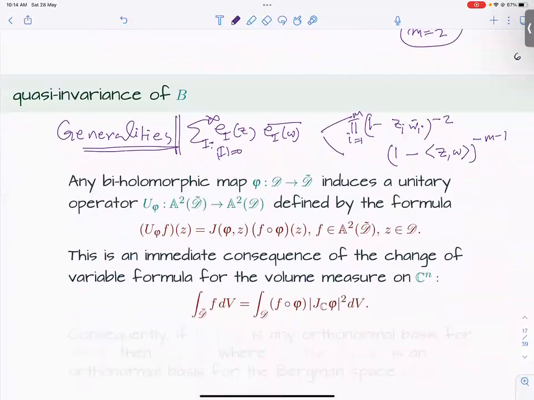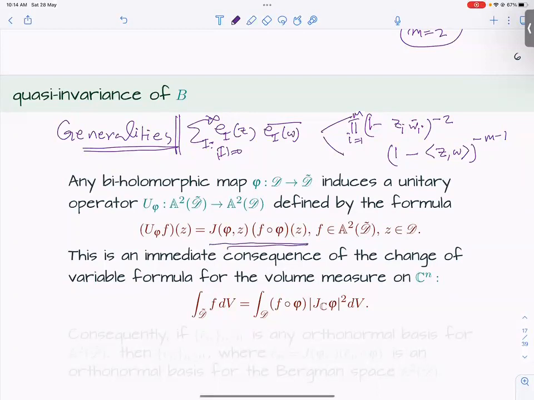But now let us talk about generalities. One of the general things that I want to discuss is the biholomorphic map. Suppose you have 2 domains and you have a biholomorphic map from D to D tilde, then I claim it induces a unitary operator from A^2(D tilde) to A^2(D) defined by this formula.